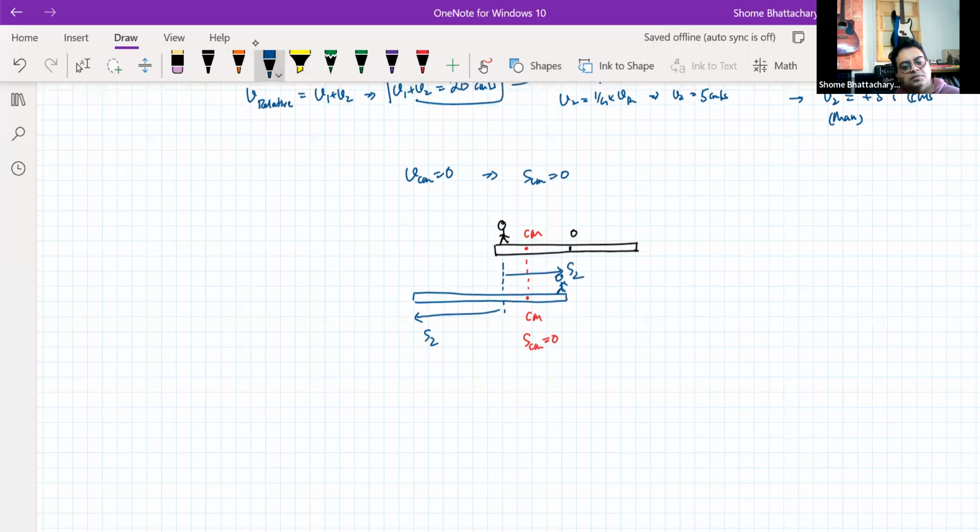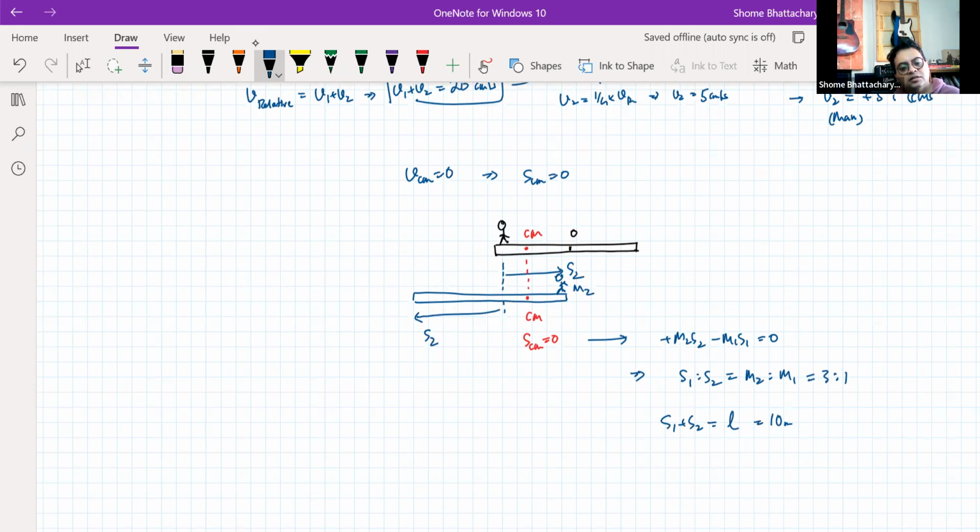So again, you can see that displacement of the center of mass is 0 means that plus M2S2 minus M1S1 should be 0. So from here, and S1 plus S2 in the diagram, you can see is the length of the plank.